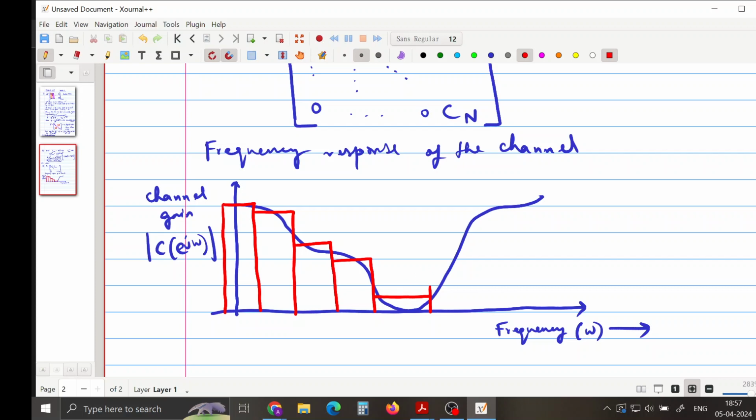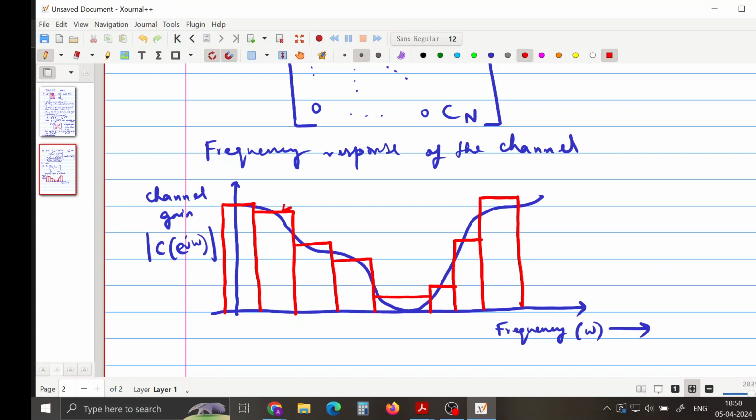So Ci for this is actually zero, the gain is zero. Similarly, you have other subchannels like this. So more or less a picture like this.